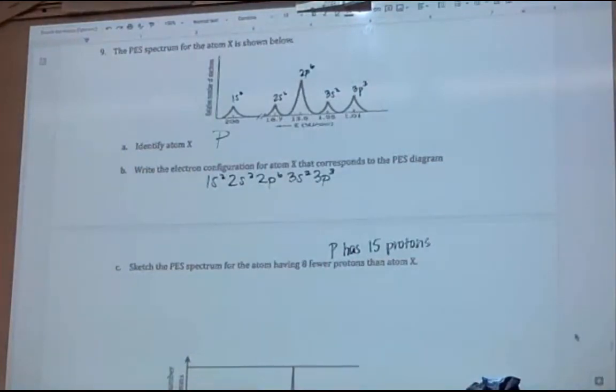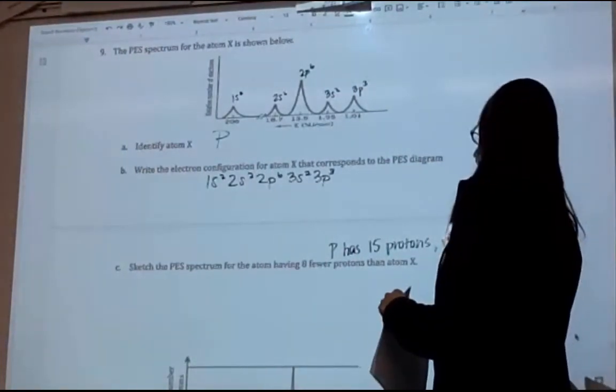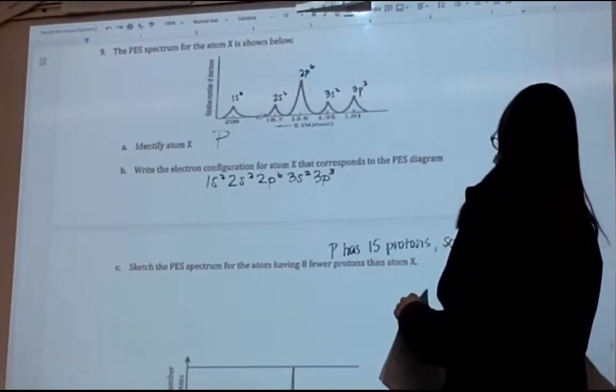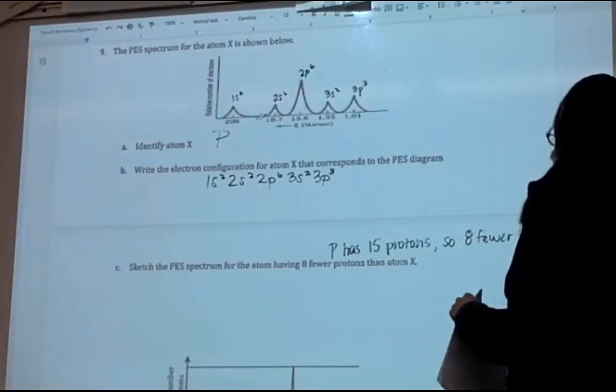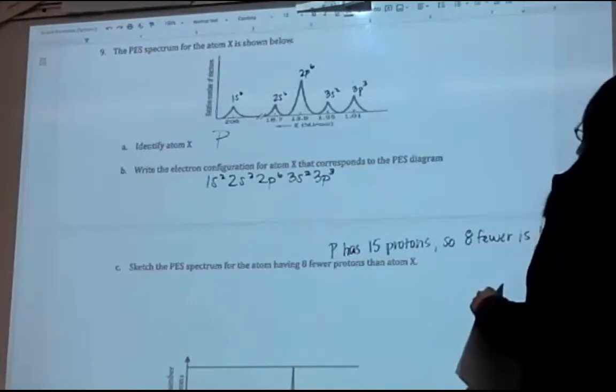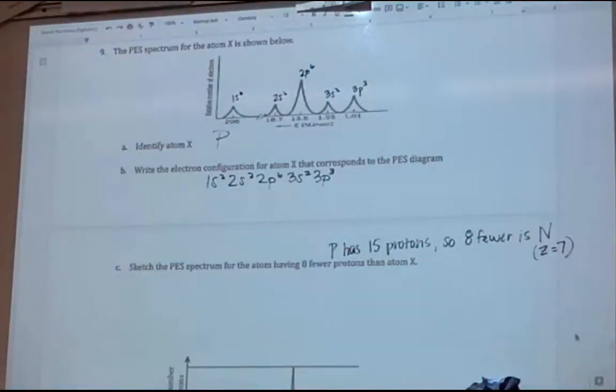So 8 fewer protons is nitrogen, with an atomic number of 7. Z, if you don't remember, represents atomic number. You could write atomic number or number of protons and be fine.